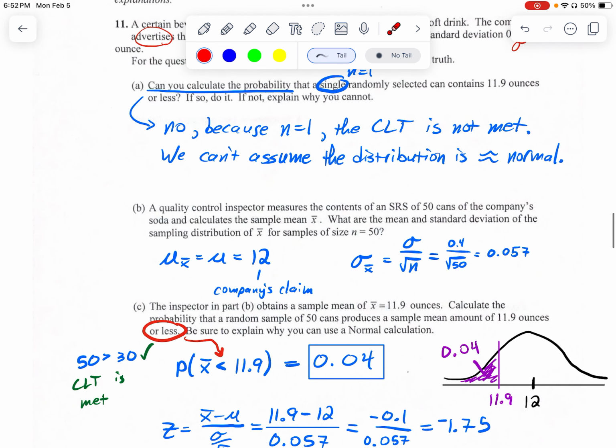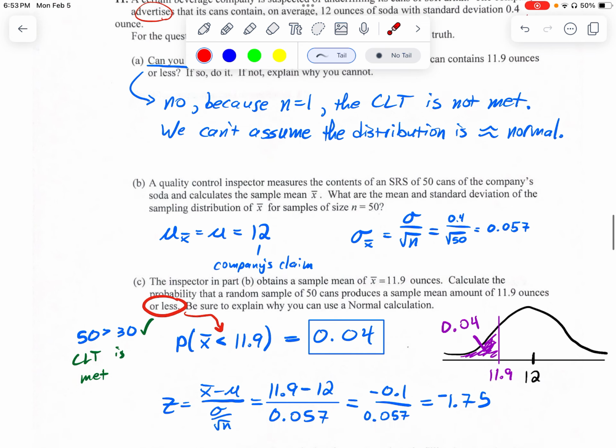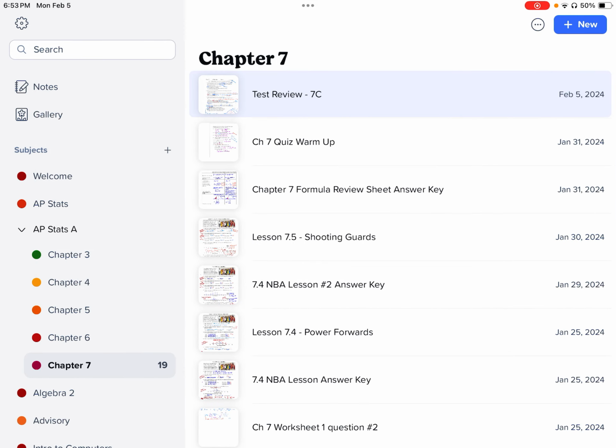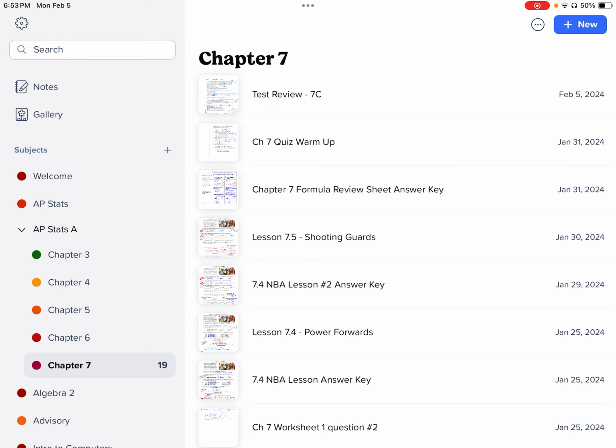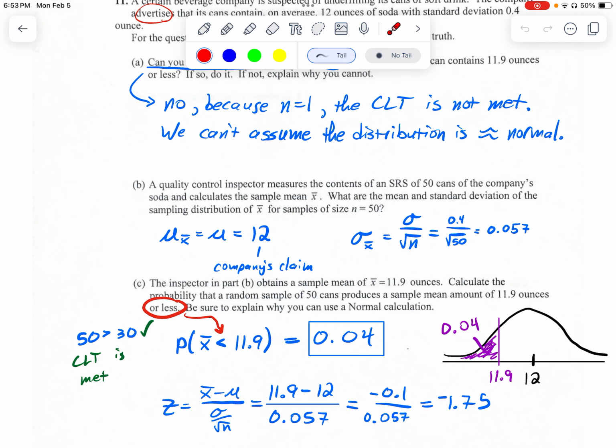So then look what they did on part B. They increased the sample size to 50, thereby meeting the CLT, thereby allowing us to move forward. What are the mean and standard deviation of this? Again, on your cheat sheet, I'm over here because it's a sample mean. The mean will just be whatever the company is claiming.